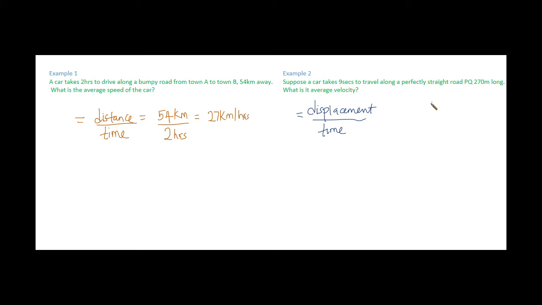Since it moves along a perfectly straight road, and a bumpy road would have a path like this, not moving in a straight line, this is in a specific direction. This is distance and this is displacement, a straight path. So we have our displacement to be 270 meters over 9 seconds, and our final answer is going to be 30 meters per second.